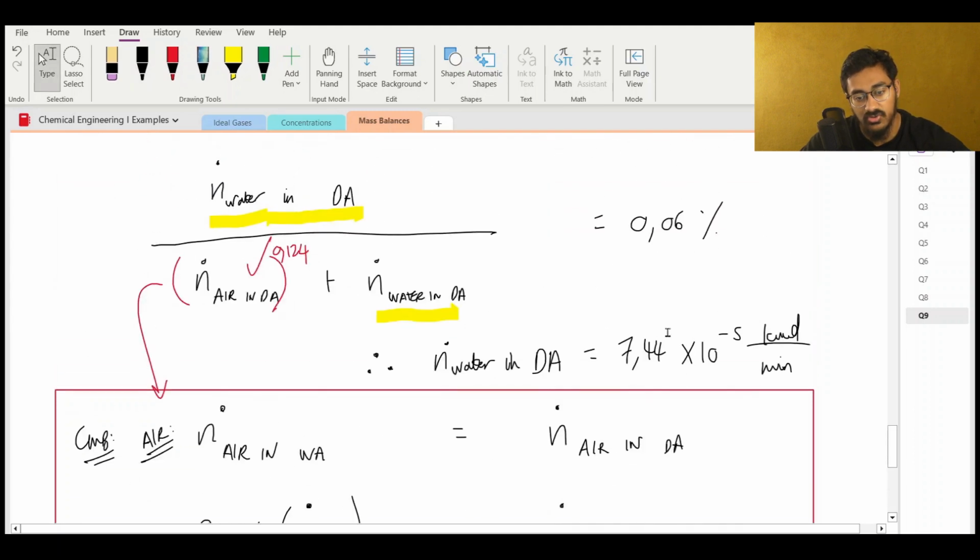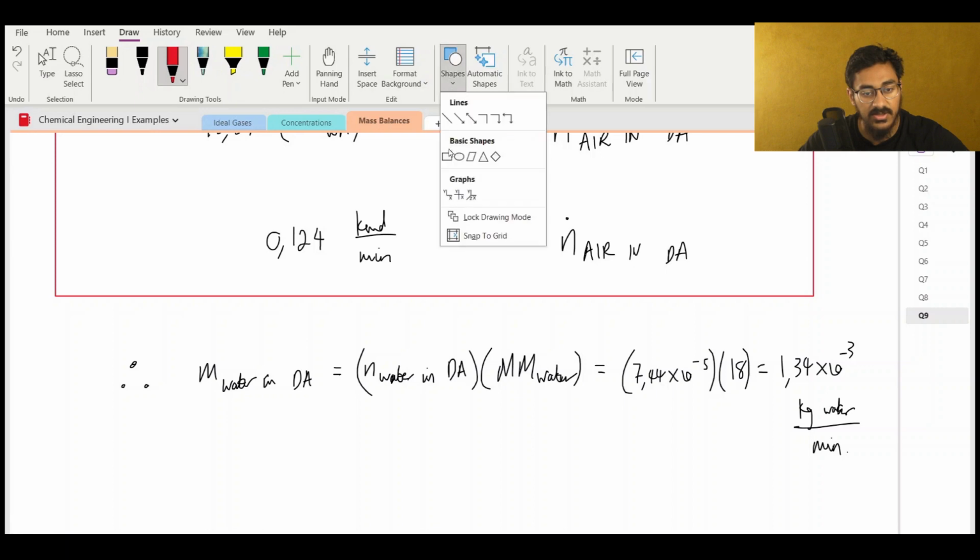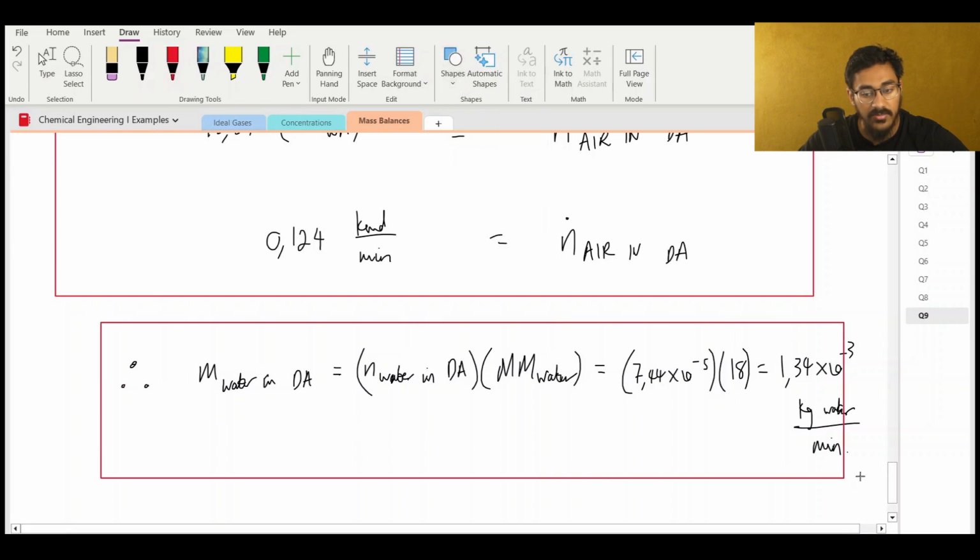So that is going to equal 7.44 times 10 to the minus 5 multiplied by 18. And that gives me 1.34 times 10 to the minus 3 kilograms of water per minute. Okay, and that is the answer to part B.